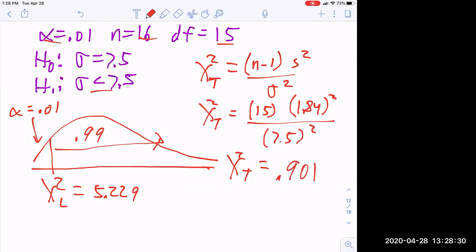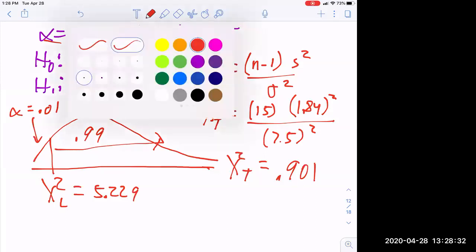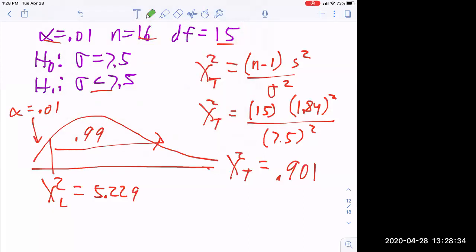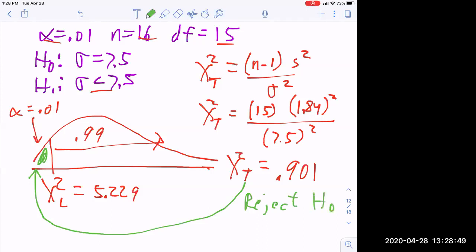So where does that fall? Remember, chi-squareds go from 0 and get bigger. So it's way over here. That's our region where we're going to reject H naught. So all we have to do now is finish our conclusion.